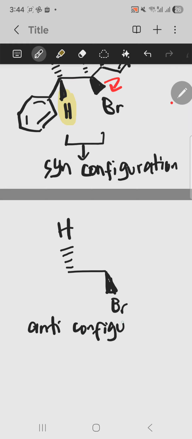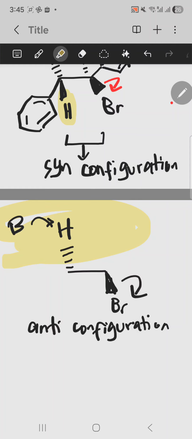It's obvious why anti-configuration is more preferred for elimination reaction, because this is less crowded. The base can attack from this side and the bromine group can leave from this side. So this is clearly a different side. This side and this side.